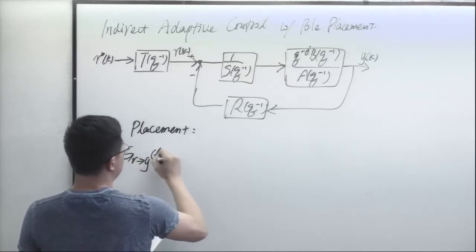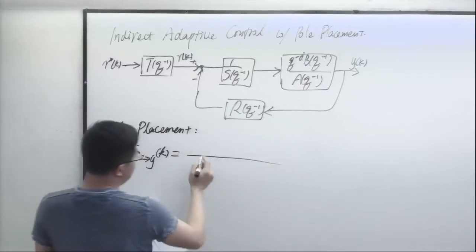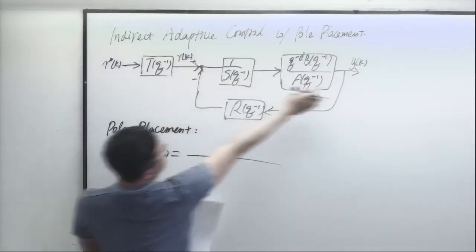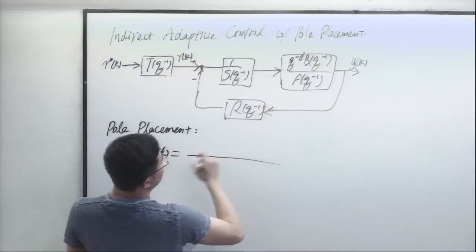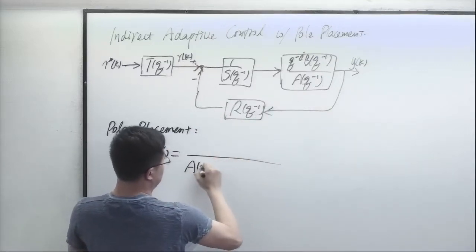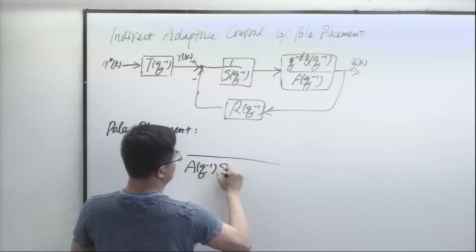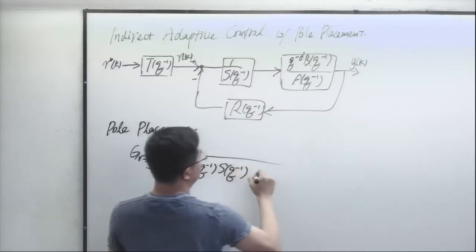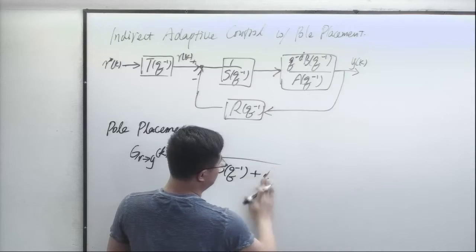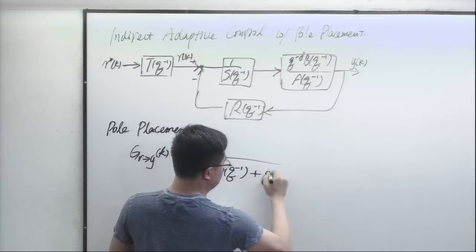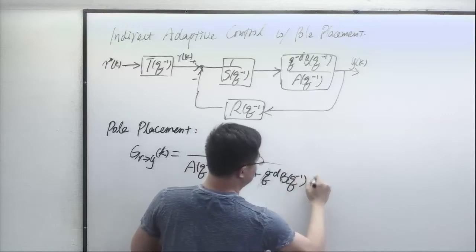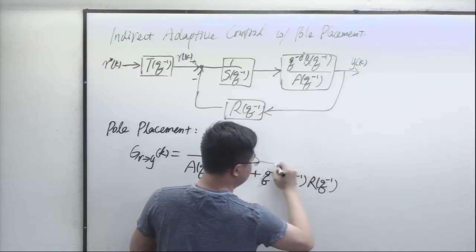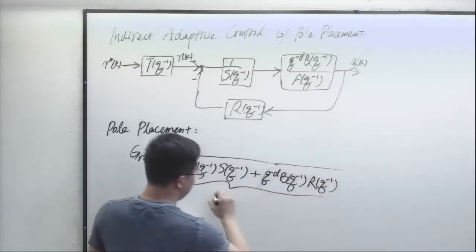Pole placement is designing essentially the closed loop from here to here, where the characteristic polynomial is the same as before.